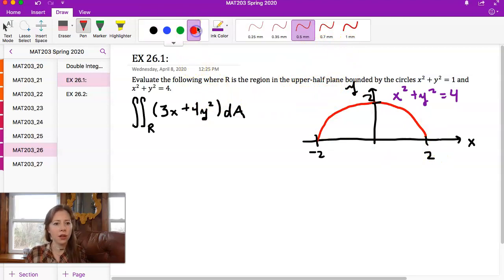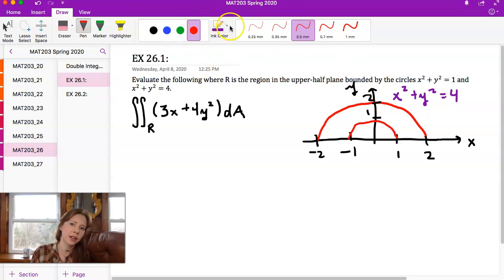And so then our lower bound is going to be given by x squared plus y squared is equal to 1. So that'd be a radius of 1. So it goes from -1 to 1 for our x and up to 1 for our y. And I know that's not anywhere close to perfect.